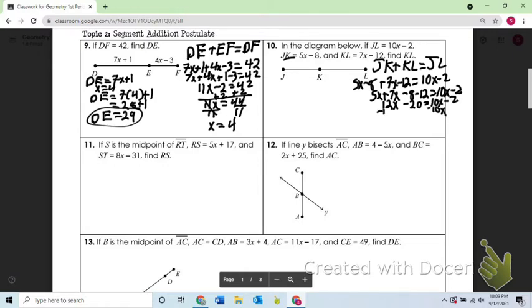So I'm going to subtract 10x from both sides. We get 2x minus 20 equals negative 2. Add 20 to both sides, and I get 2x equals 18. Divide both sides by 2, and I get x equals 9. Now it asks for KL here. We were told that KL is equal to 7x minus 12.